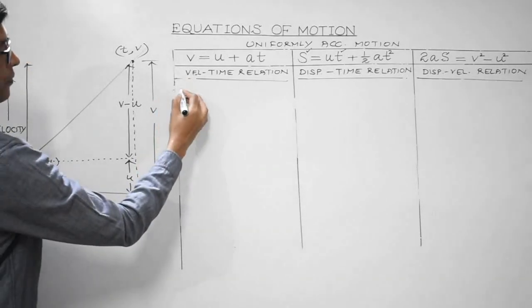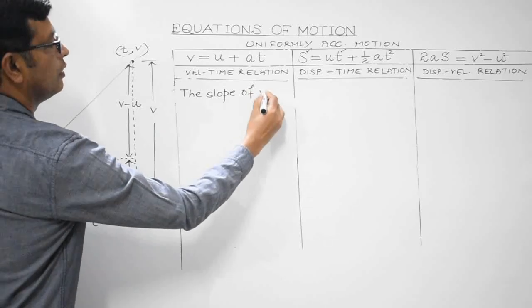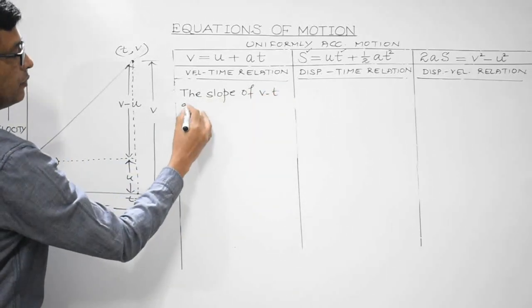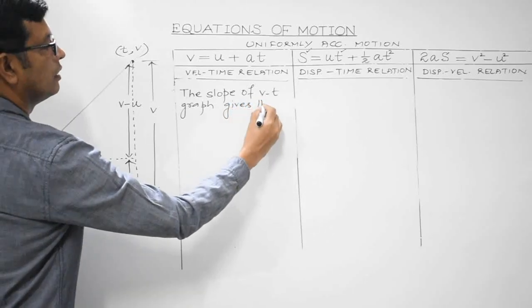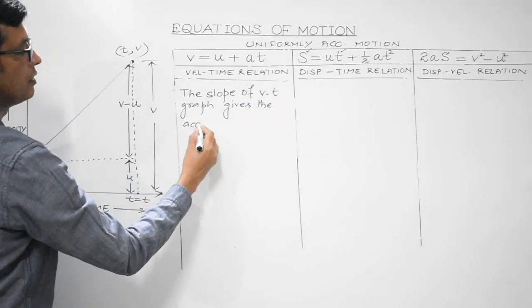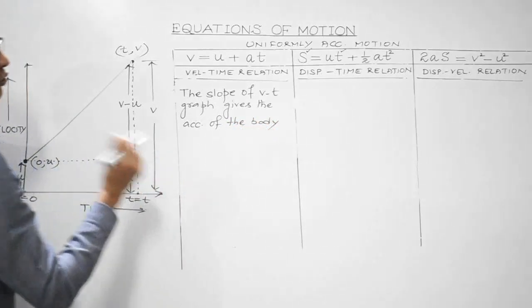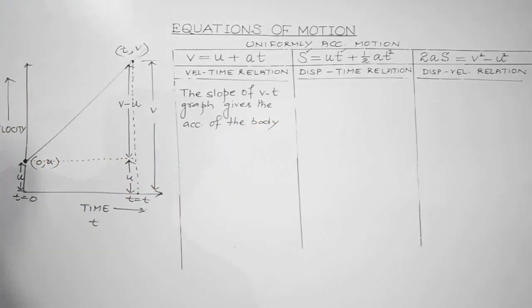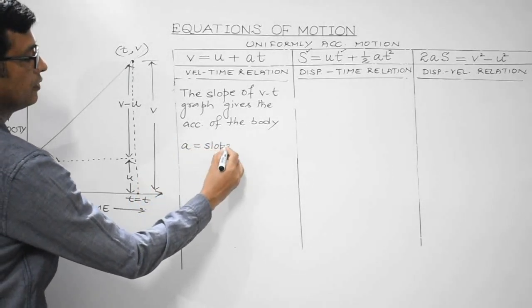Okay, velocity time graph. We know that the slope of the velocity time graph gives the acceleration of the body. So we need to find out the slope. So acceleration is equal to the slope of the graph.